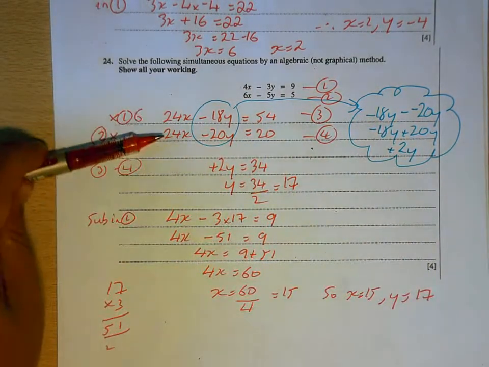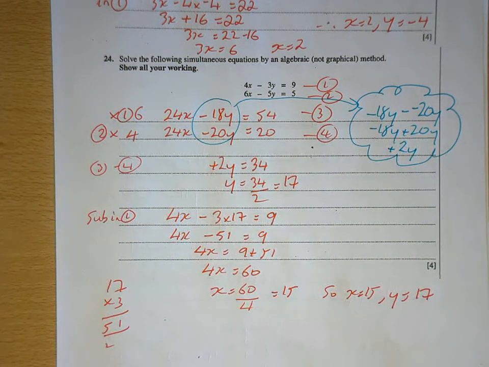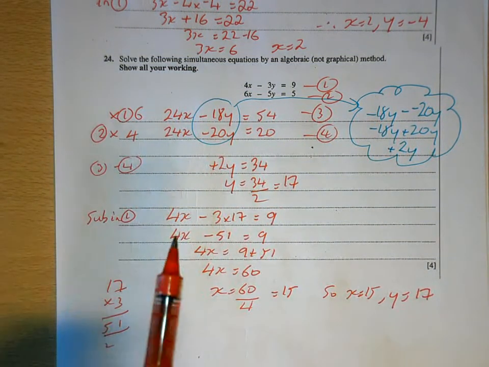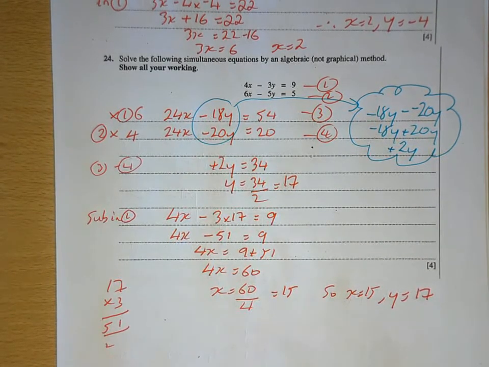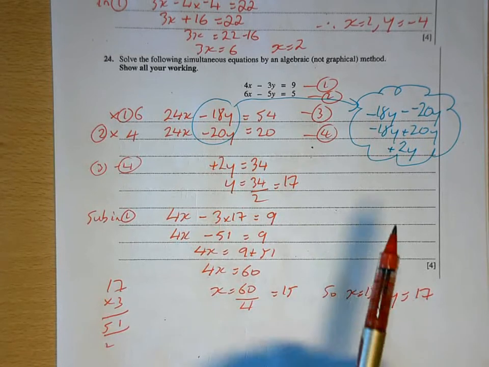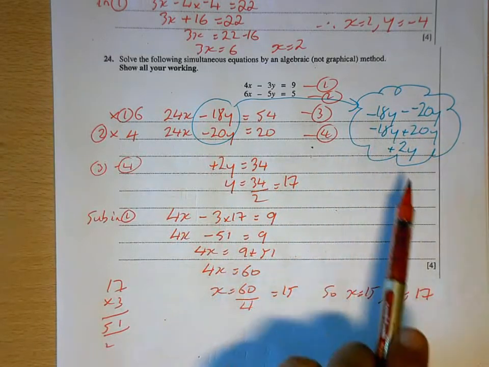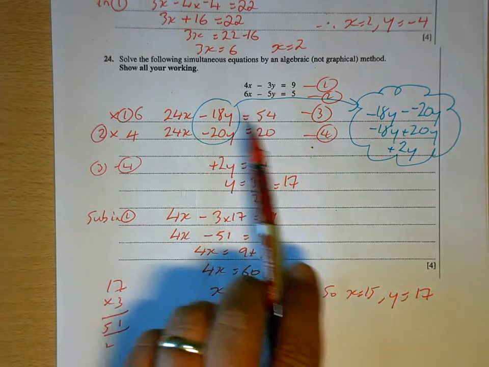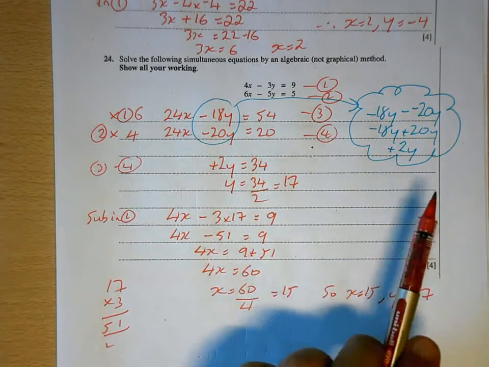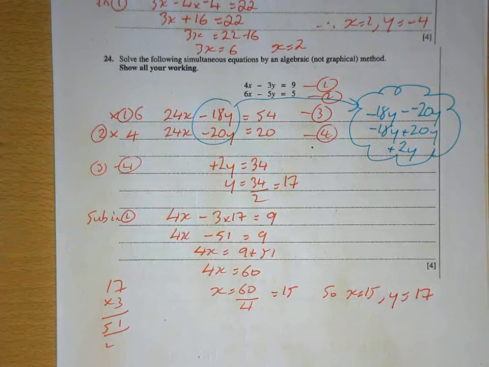Then subtract your two new equations, solve it for y, substitute that back into one of the originals to get the corresponding x. And the only thing you have to have a good grip on is dealing with subtracting negative numbers and remembering that when you subtract a negative, it becomes equivalent to a positive. So hopefully that has been of use to you.